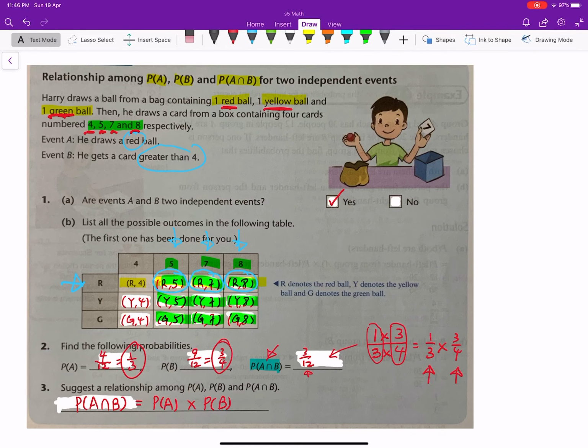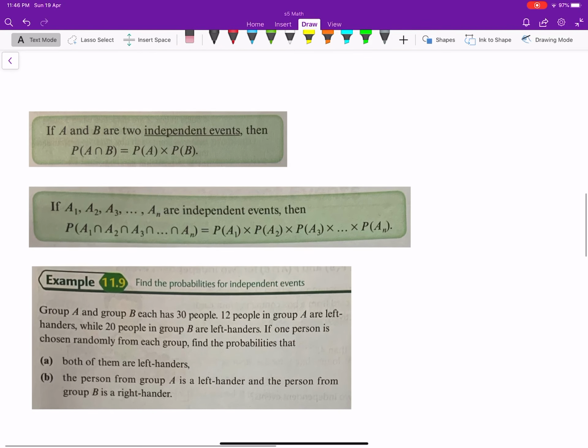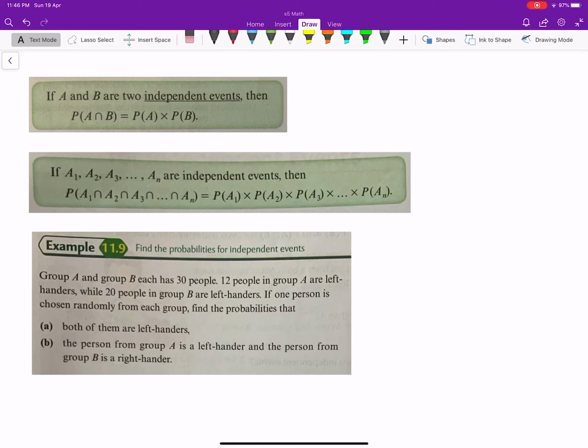So here we get 2 similar but not exactly the same theorems for independent events. If there are 2 events and they are independent, then you will get what we have just now: P(A and B) equals P(A) times P(B).